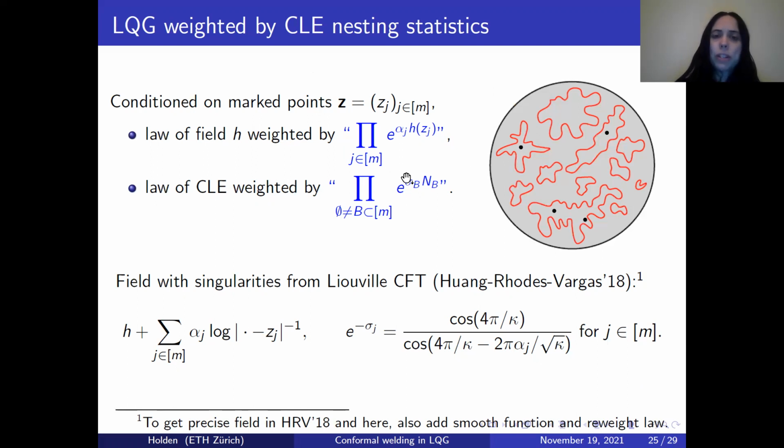This term doesn't make rigorous sense in the continuum, because if B consists of a single point, then n sub B will be infinite with probability 1, because there are infinitely many loops around each point. But I will show you a little bit later that one can make rigorous sense of this term. I can also remark that this figure is only showing the outermost CLE loops, but inside each of the CLE loops you see here, there are also a number of smaller CLE loops.